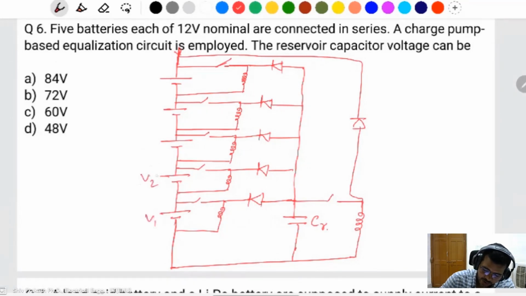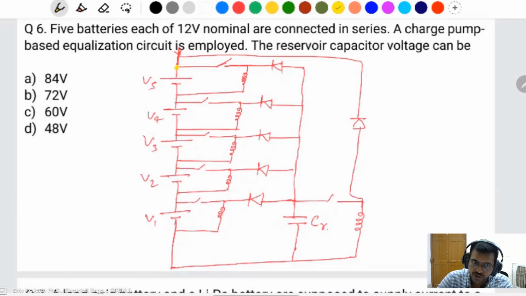This will be V1, V2, V3, and V4, and V5. Suppose this one is the higher SOC, higher cell. Then turn on this switch, and this charge is stored in the inductor.